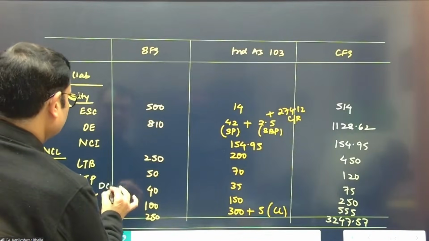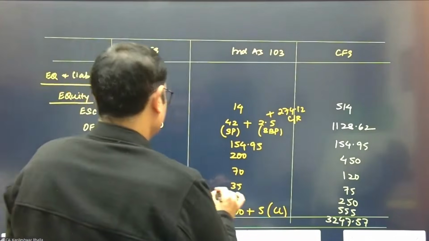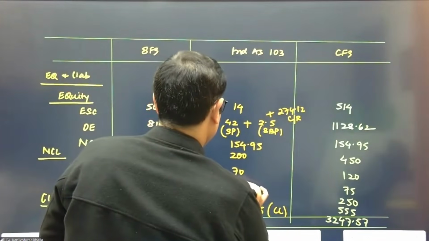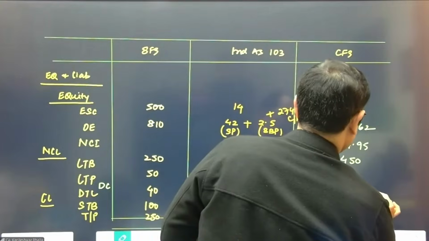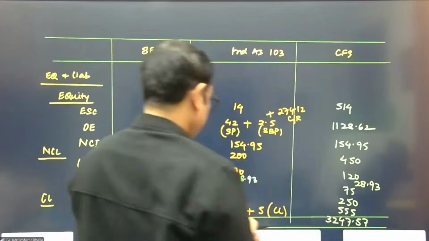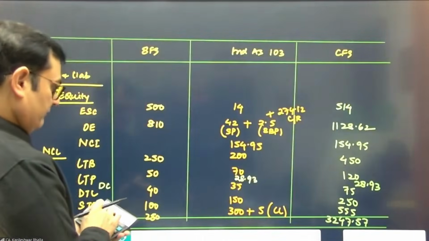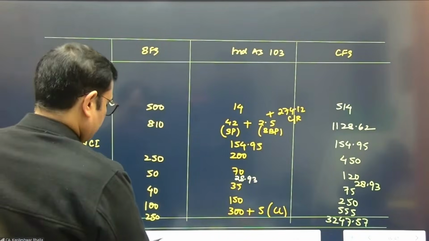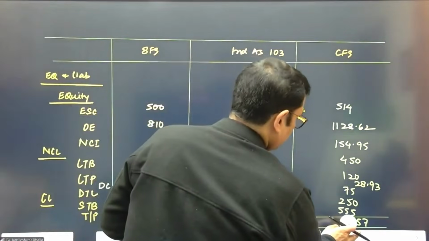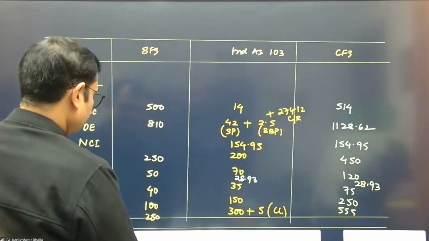I'm just putting the deferred consideration. And the deferred consideration was, I think, 28.93. So that is 28.93. I think I missed that out. Yes, that's the exact difference. So my balance sheet is tallied at this stage.